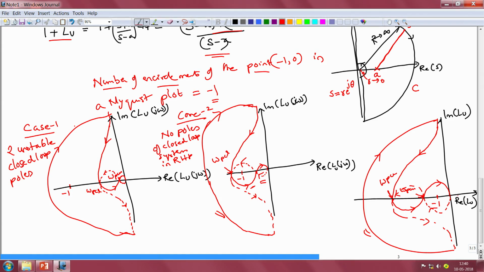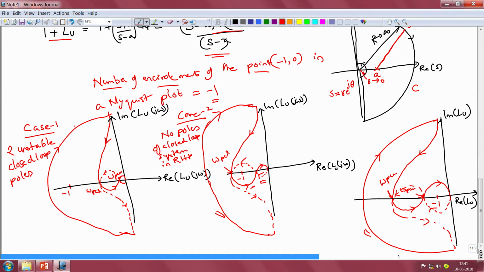but unfortunately if you look at the sense in which this loop is traversed by the term L of j omega, we see that the loop is traversed in the clockwise sense, and therefore exactly as in case 1 we have one clockwise encirclement of the point -1 in case 3 when the gain crossover frequency is greater than both the phase crossover frequencies.